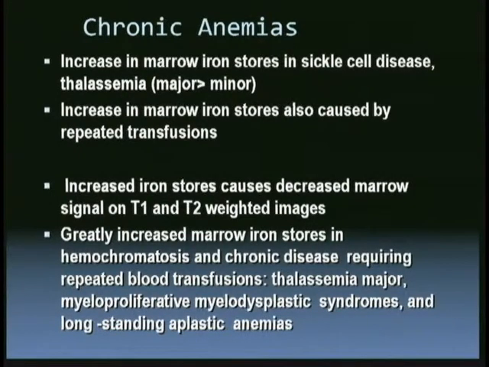So that increase in iron store causes a low marrow signal on T1 and a bright T2 signal. These patients have more red marrow because they're trying hard to reconvert, and the marrow also has more iron in it. So all this contributes to having a low marrow signal on T1.